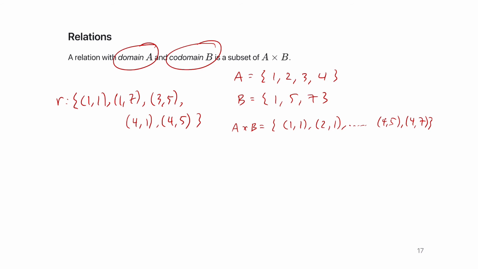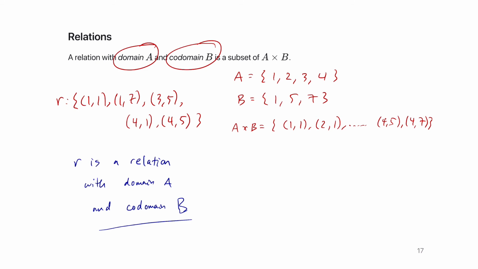Is that okay? So to write it explicitly, R is a relation with domain A and codomain B. Okay? And what does a relation mean?